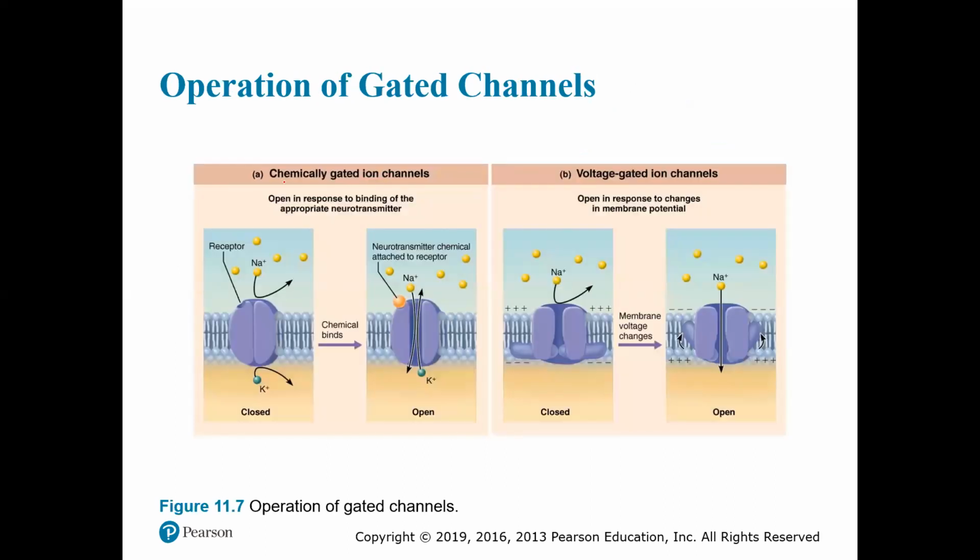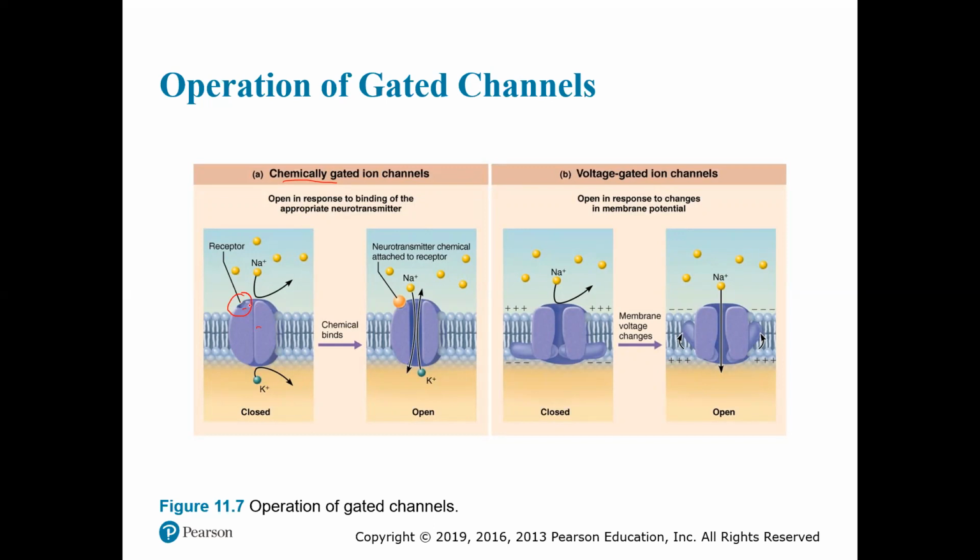So here's an example of chemically gated ion channels. So they have a receptor, and that's that very specific receptor, say for acetylcholine. So the gate is closed because there's no ligand, there's no acetylcholine available to attach to that receptor.